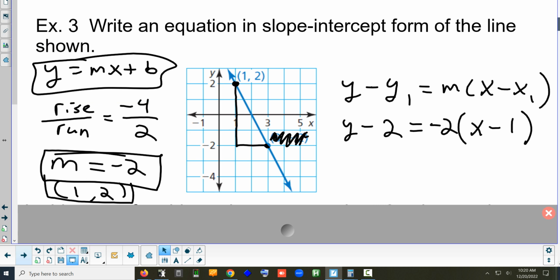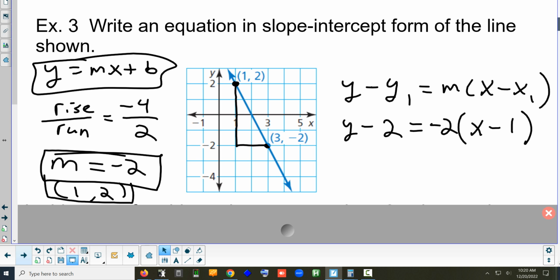Does anybody remember why we couldn't? What made this problem different than the kind of problem we did yesterday? Because we had problems similar to this yesterday, where we had a graph, and we did slope intercept right away. Why not do that with this one?